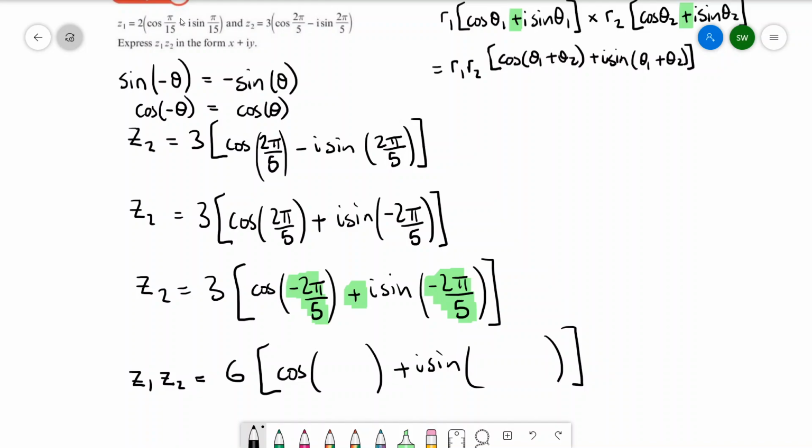So we've got pi over 15 is the argument of z1, and then plus the argument of z2. Now you've got to be really careful. Remember, this is not in modulus argument form. Our argument of z2 is this argument here, minus 2 pi over 5.